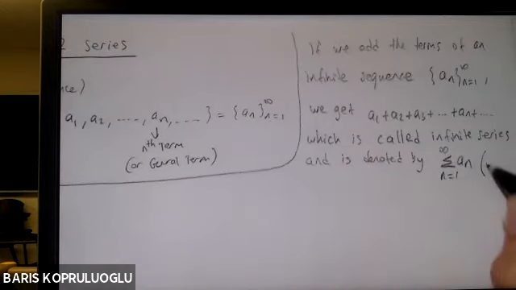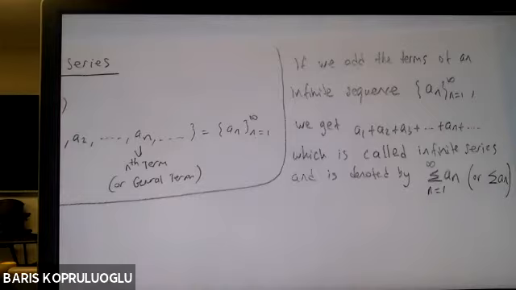Or sometimes we don't put the upper and lower index. We just call it sigma a_n.